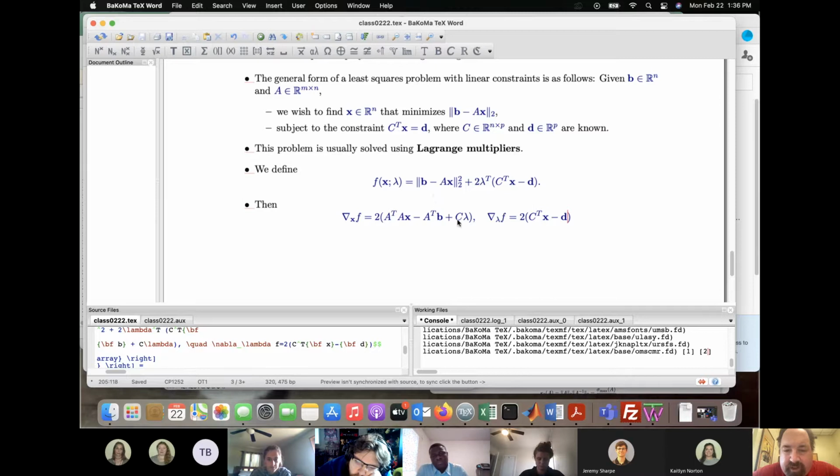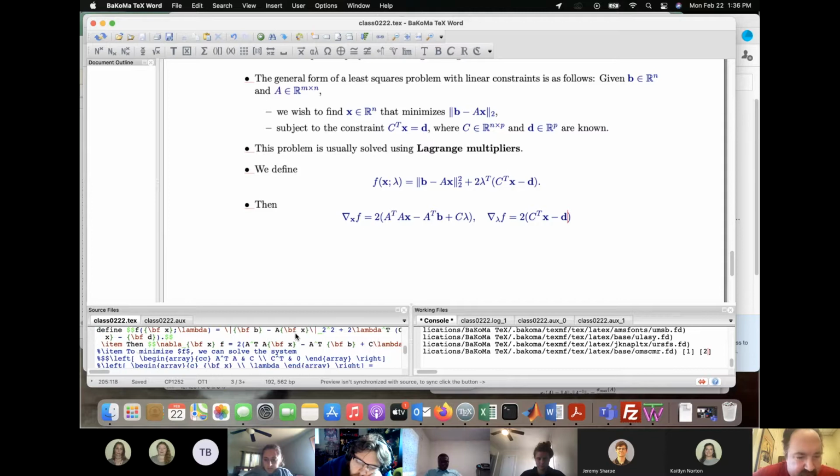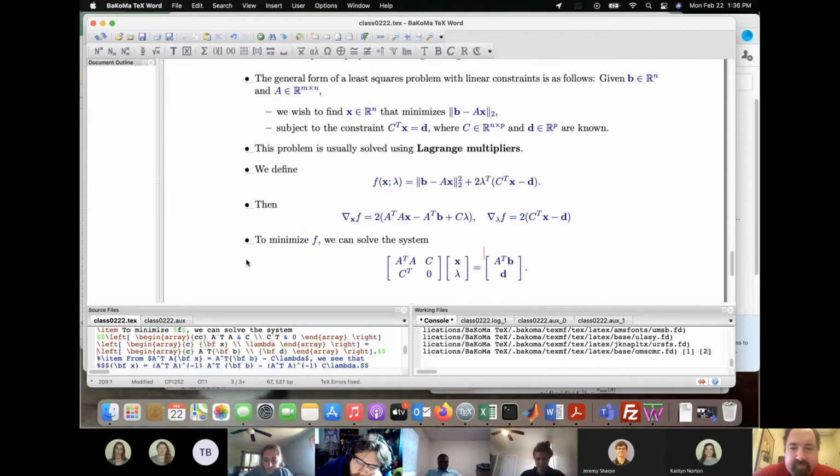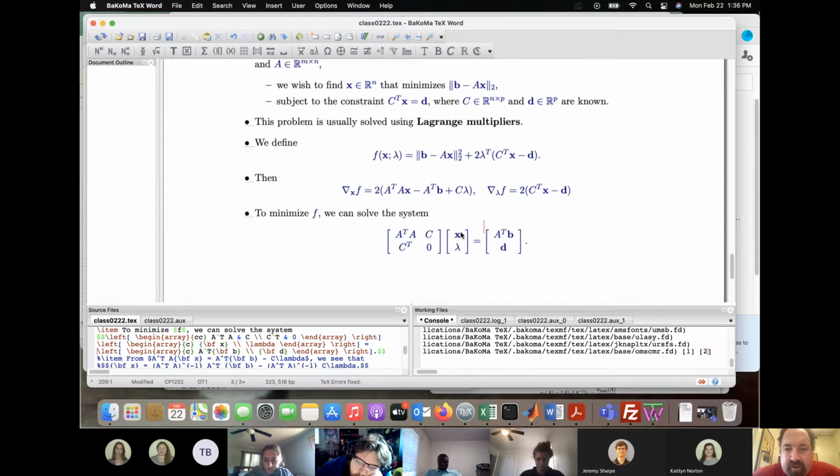Now, to find a minimum of this function, we need the gradient to be 0. All of this should be 0. That should be 0, and that should be 0. Making this 0 means the constraints are satisfied, so now you don't have to worry about them anymore. And now we have this part to handle. Another way of looking at it is I can describe this if I consider what's multiplying x and lambda.